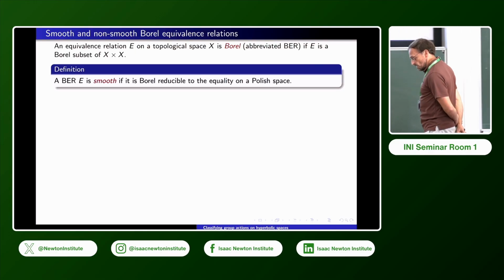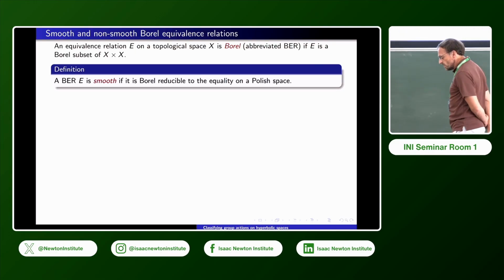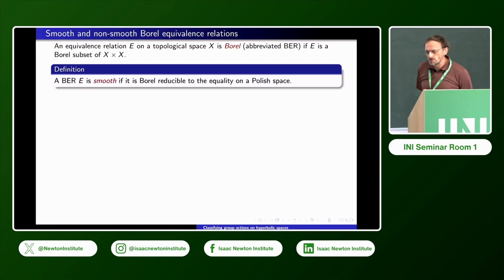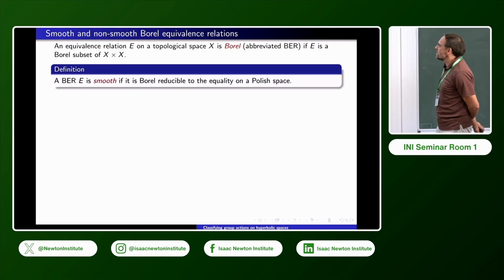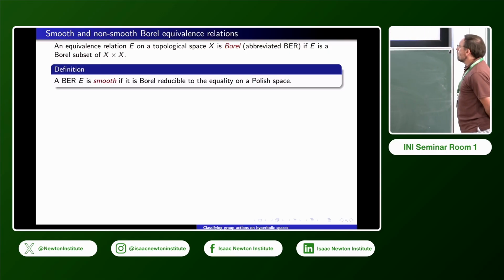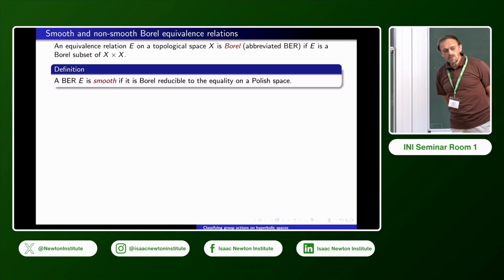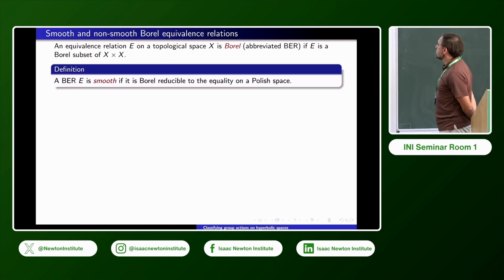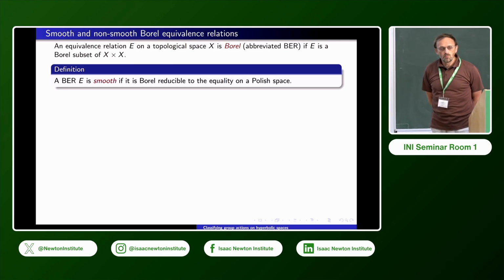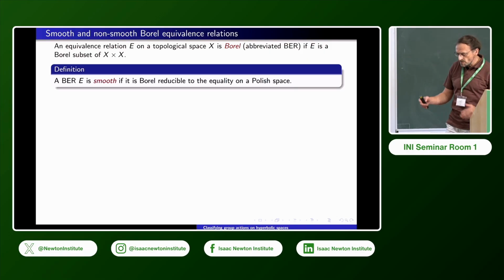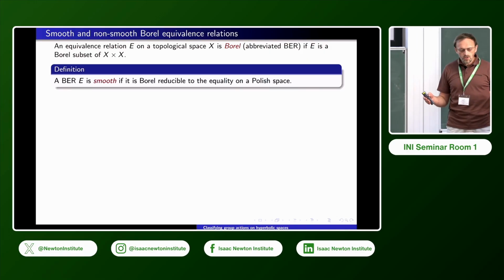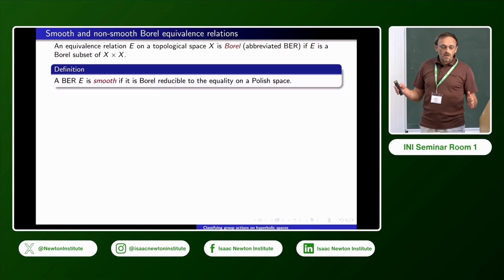And now there is a class of Borel equivalence relations which serves as an initial segment of the complexity hierarchy. These relations are called smooth, and these are precisely the relations that are Borel reducible to the equality relations on Polish spaces.